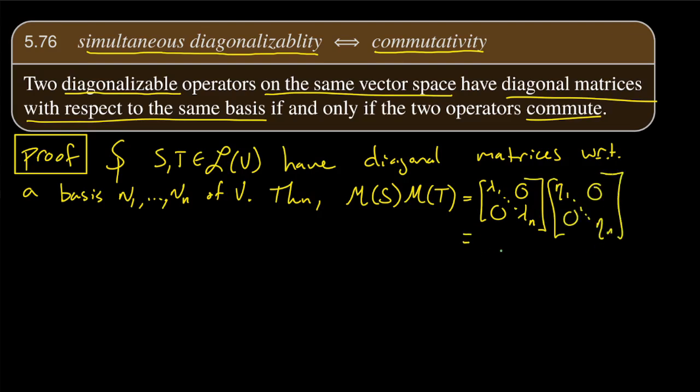This is just going to be lambda 1 eta 1 through lambda n eta n, zeros everywhere else.